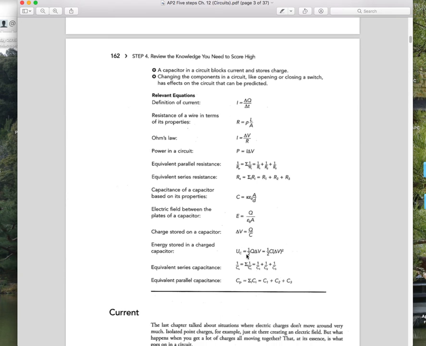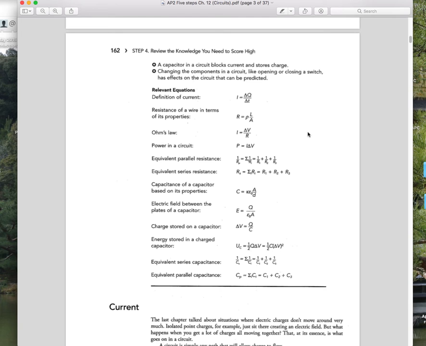All right, so these are the formulas on your formula sheet in electricity and magnetism. They're of primary importance. There are some others, by the way, but these are the ones that relate with circuits.